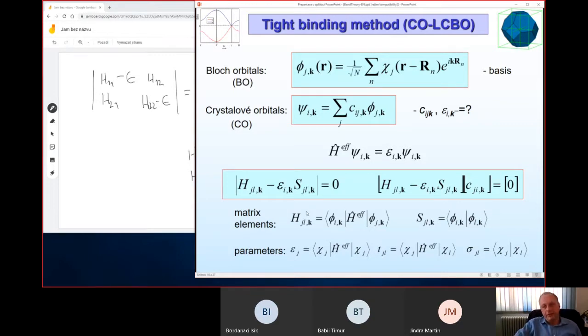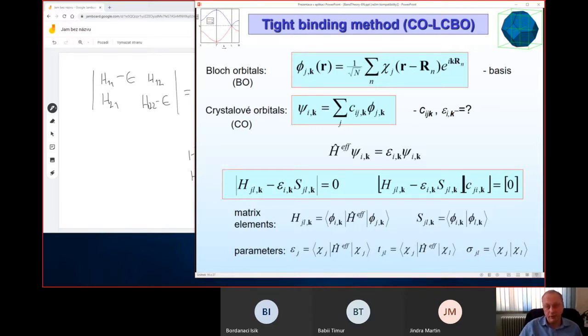In the current computer algebra systems, this secular problem is implemented. So you just define the matrices and you type eigenvectors or eigenvalues, and you get the results immediately.